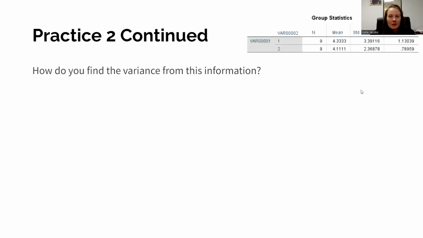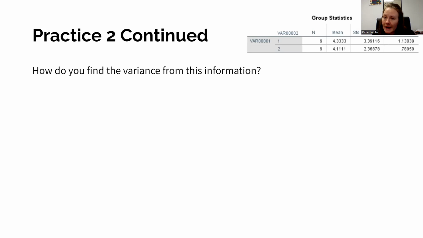Okay. So if we continue this practice, how do we find the variance from this information that we have up in the right corner? Remember earlier from chapter 3 or week 3 that the standard deviation is the square root of the variance.